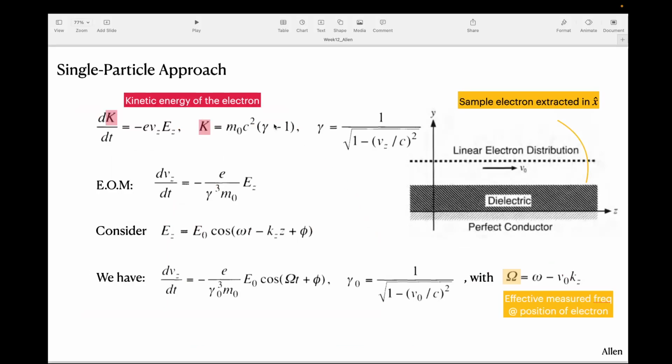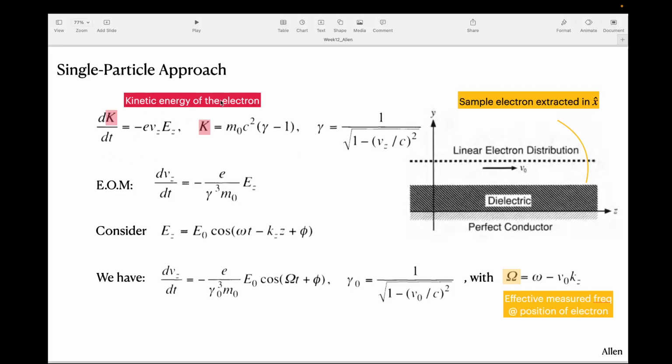So today's next section is a single particle approach, and as its name suggests, we use a single particle, which is a single electron, to analyze. Here is a picture quite similar to before, but with a layer of dielectric and an electron beam distribution here. What we do is extract an electron from here toward the x direction, so it goes into the paper in this direction.